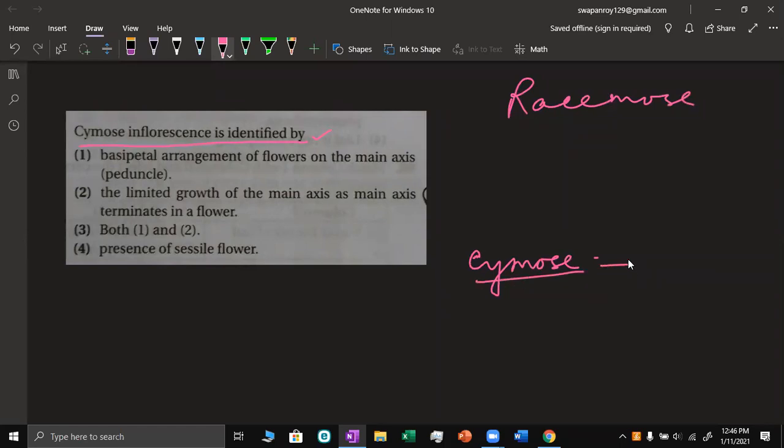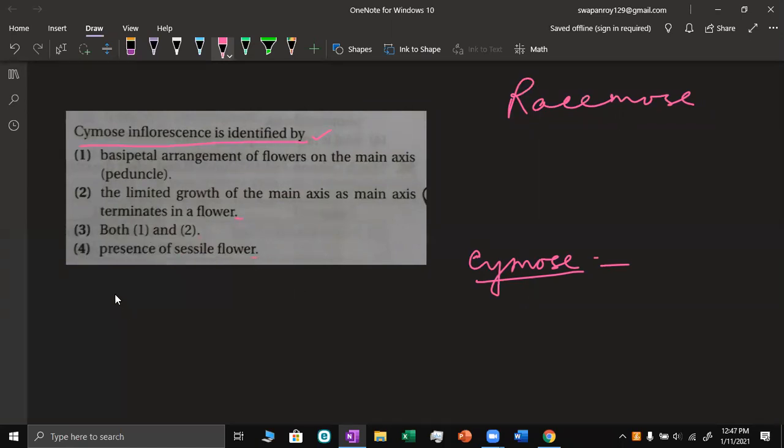So which can we identify as cymose? Option one, basipetal arrangement of flowers on the main axis. Is it correct? Option two, limited growth of the main axis as the main axis terminates in a flower. Option three, both 1 and 2. Number four, presence of sessile flowers.